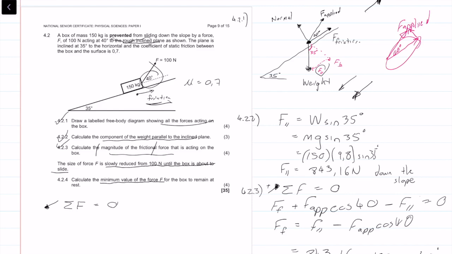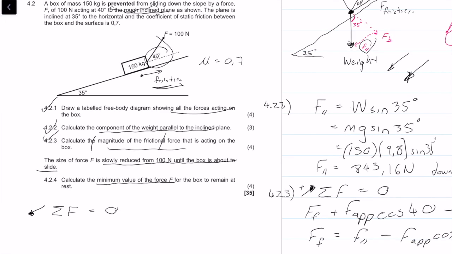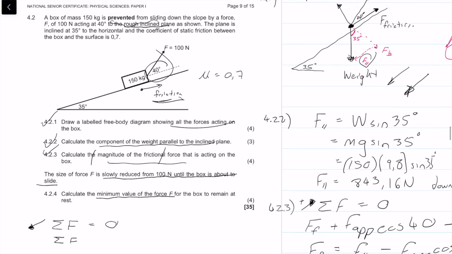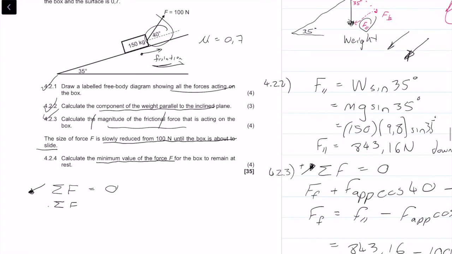We know that because we want it just before it starts moving, and it will be moving down that slope. We also want the sum of the forces in the upwards direction, perpendicular to the slope. So in this direction here, it might not be drawn too great, this must also equal 0.